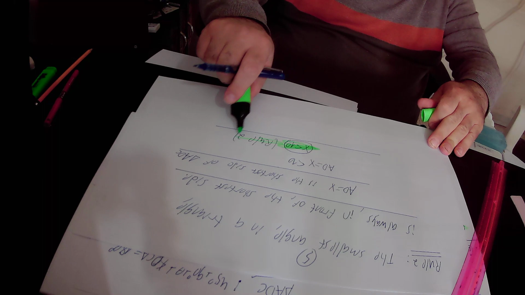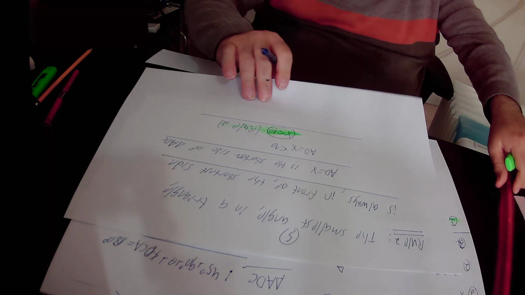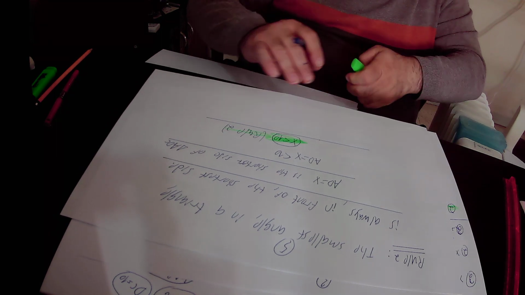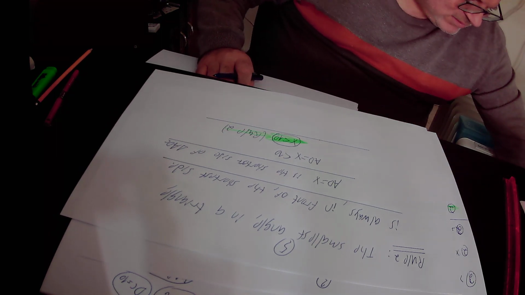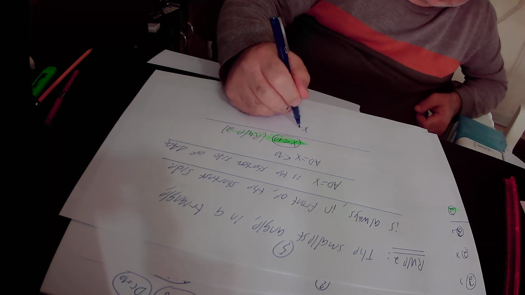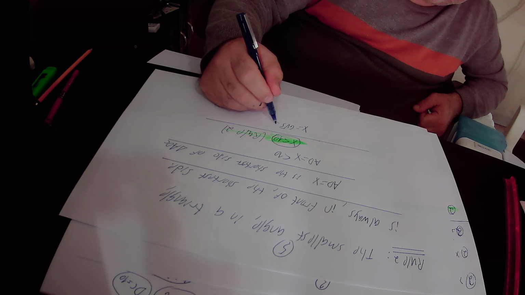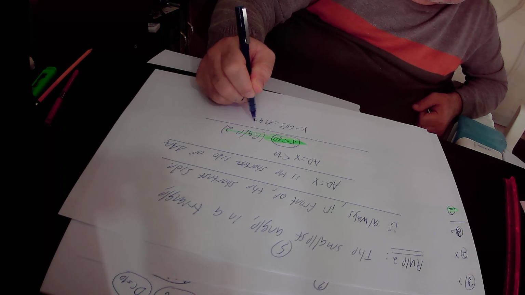So we had two possible solutions for X. The first solution is X equals 6 times square root of 5. That is actually 13.41.